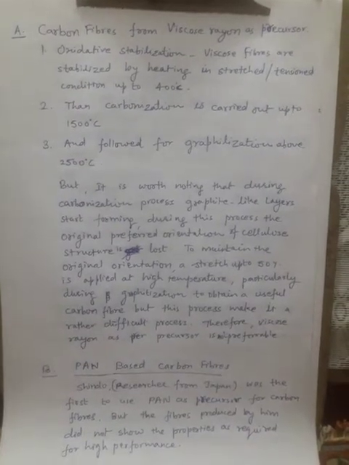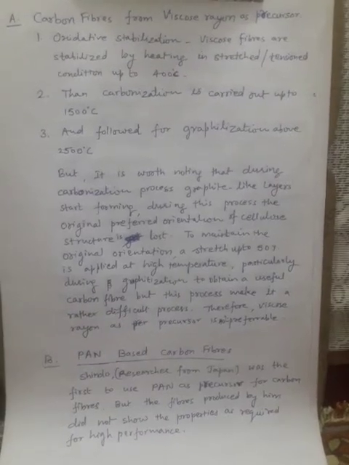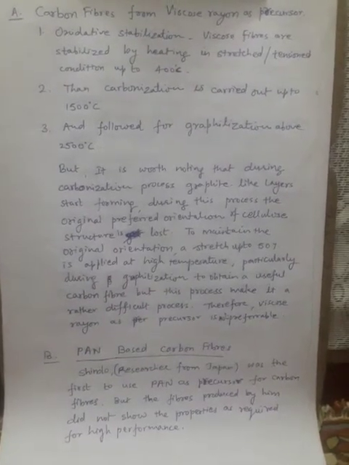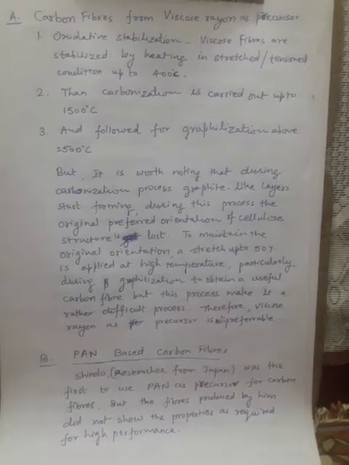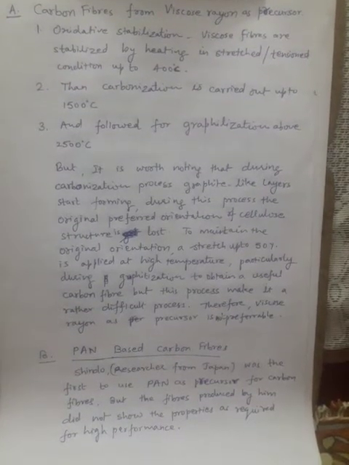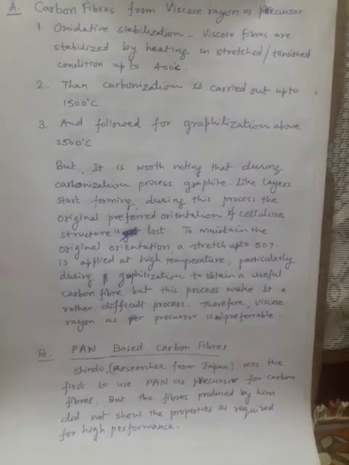First, to discuss the carbon fibers from viscose rayon. The carbon fibers from viscose rayon were first produced by the US based space agencies, and they used three different stages.